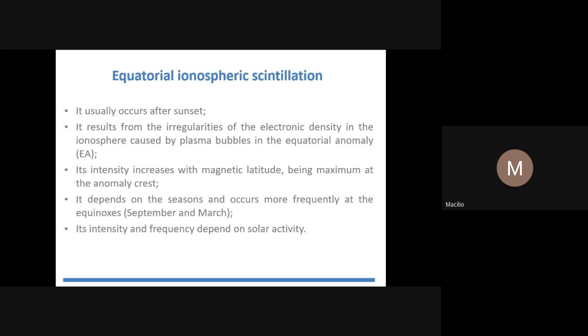The equinox is the time when the duration of the day is equal to the duration of the night. At the end, the intensity of this scintillation also depends on solar activity. When you have strong solar activity, you have stronger equatorial scintillation.